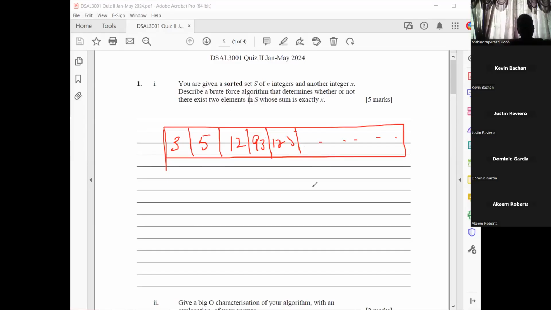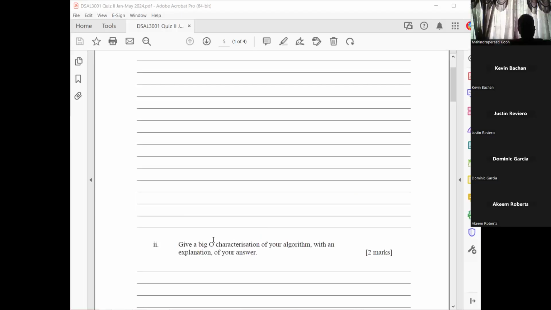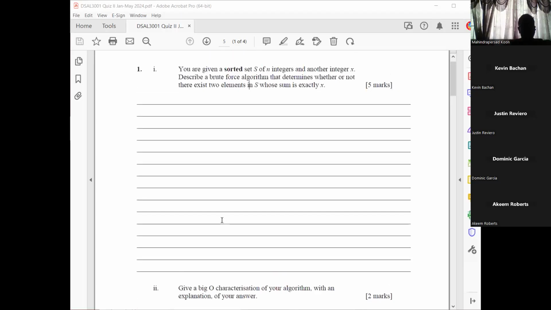Let's say you want to find two numbers that add up to 25 or something like that. So you'll start with 3 and 5, 3 and 8, 3 and 12, 3 and 15, 3 and 93, whatever. And then you'll try 5 and 12, 5 and whatever to see if you get this total. Yes? So you can describe whatever is brute force, if you know what brute force is. And then what is the big O characterization of that algorithm?